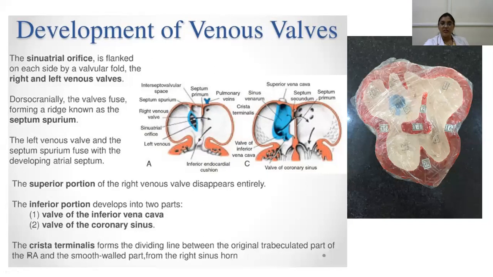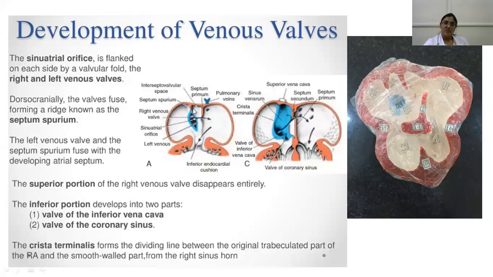That is being formed by the right venous valve of the sinoatrial orifice. You can just go through this. So this is a sinoatrial orifice. See, this is the opening. The same thing is shown here. This is the septum primum which is still forming. But in this, septum primum has already reached here, foramen secundum has formed, and this is septum secundum.